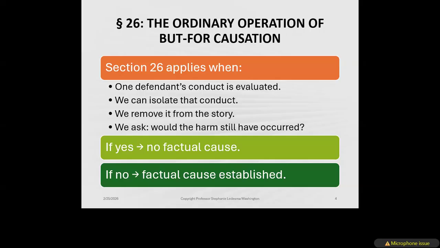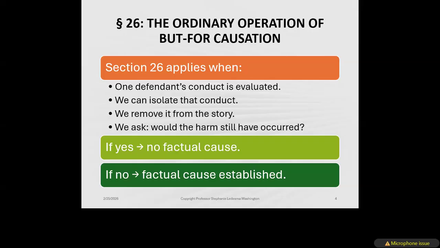Section 26 applies when we have one defendant, we can isolate that one defendant's negligent conduct, and we, in our evaluation, remove that defendant's negligent conduct, and then we ask the critical question: would the harm still have occurred if we remove the negligent act of the defendant?